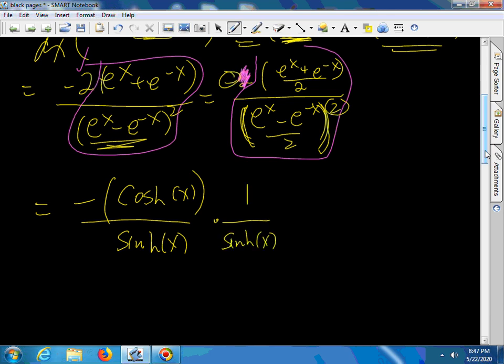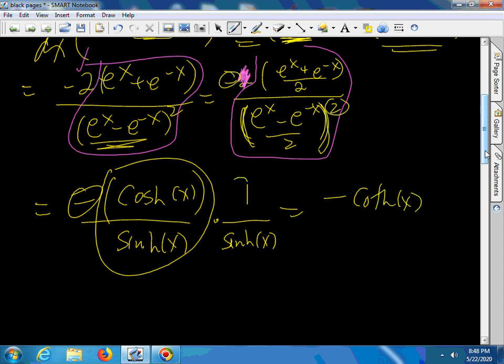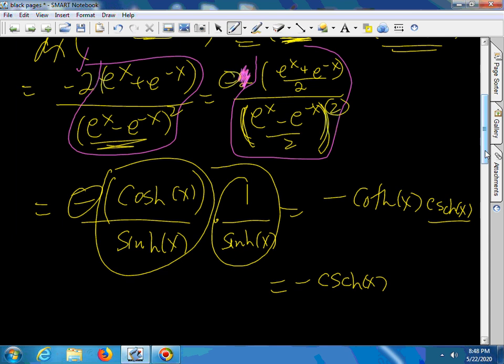I'll put a 1 on top. So what I have is negative times hyperbolic cotangent of x, times 1 over sinh of x, which is, by definition, hyperbolic cosecant of x. I get it in reverse order, but that equals this times that.